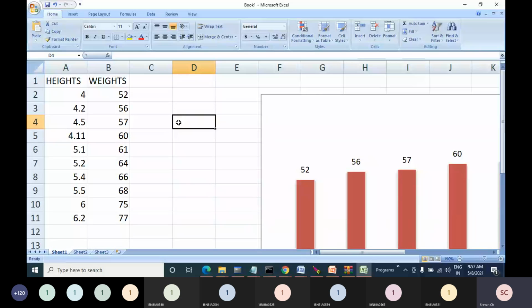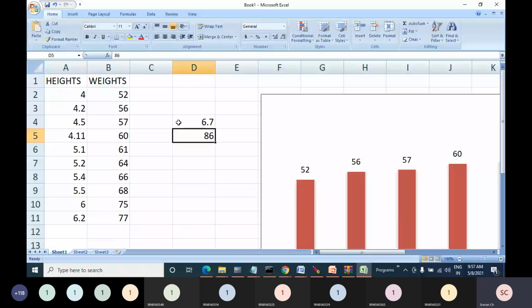I want to create a computer program which should tell me, suppose if I ask, if the height is 6.7 feet, then what should be the weight? If I give the height as input, my computer program should tell me, okay, if height is 6.7 feet, weight should be 86 kgs.